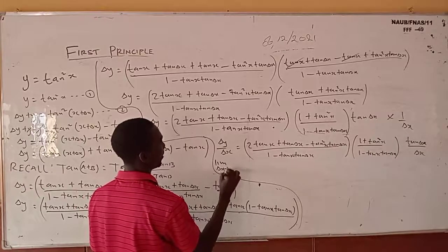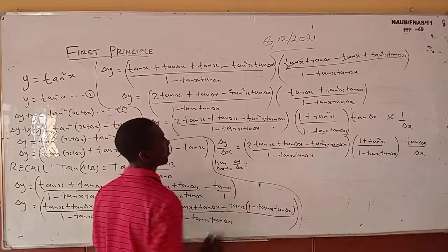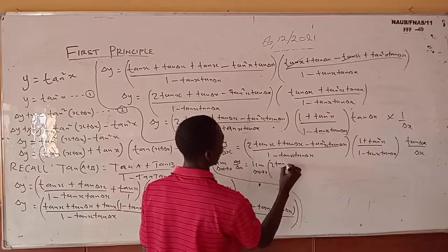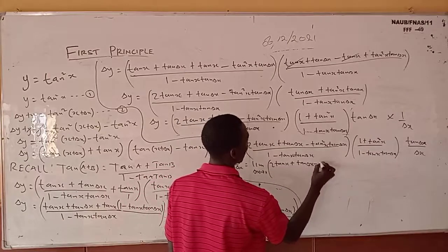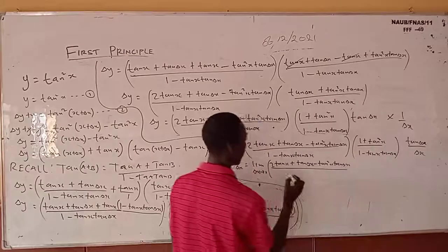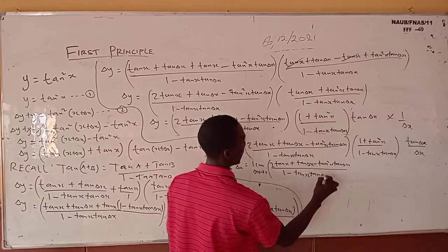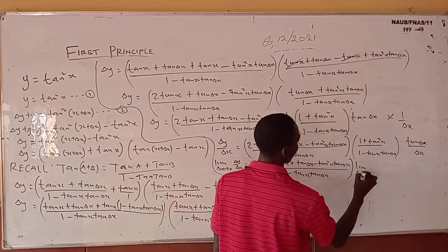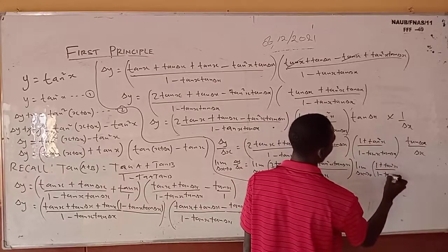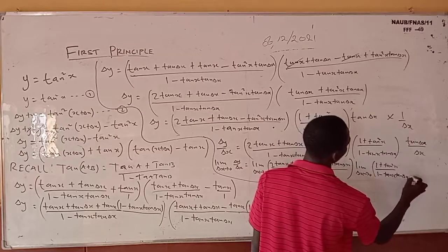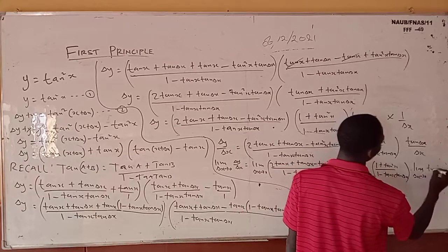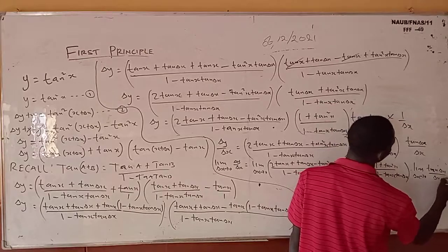Lim as Δs approaches 0 of Δy over Δs is equal to lim as Δs approaches 0 of 2 tan s plus tan Δs minus tan² s tan Δs all over 1 minus tan s tan Δs, then lim as Δs approaches 0 of 1 plus tan² s all over 1 minus tan s tan Δs, then lim as Δs approaches 0 of tan Δs all over Δs.